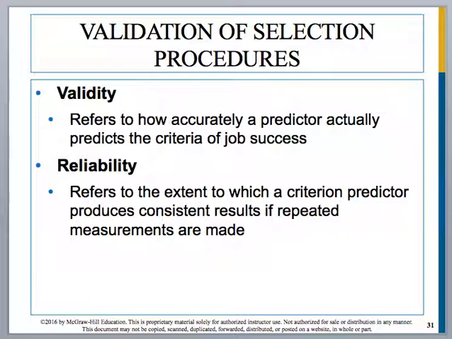Reliability is going to refer to the extent to which the criterion predictor produces consistent results if repeated measurements are made. So how reliable it is that it's consistently being done. Validity is whether or not it's an actual prediction is accurate. Reliability is that you're producing this consistent result repeatedly.